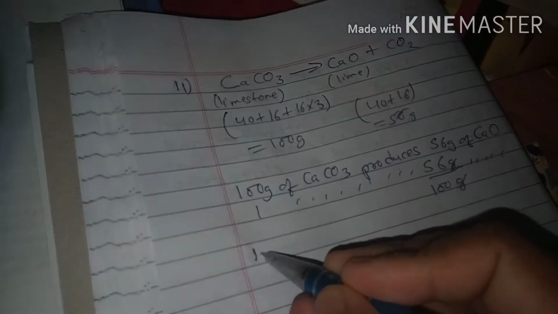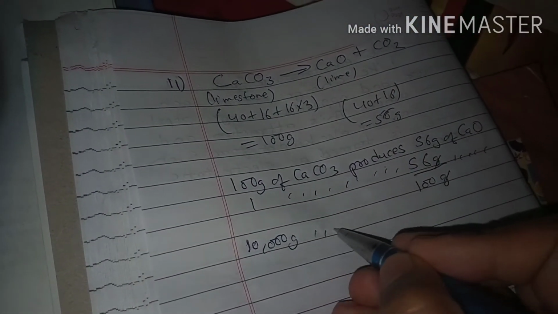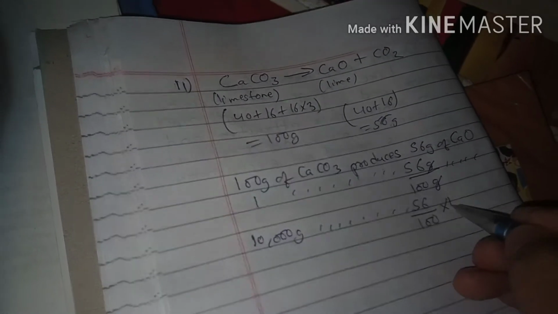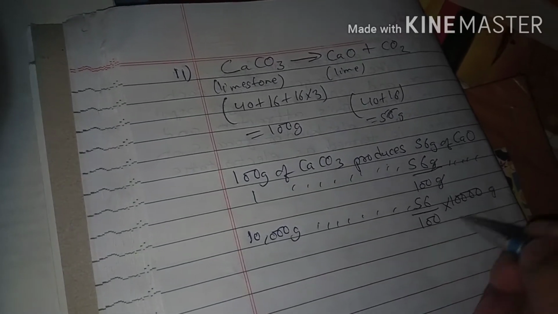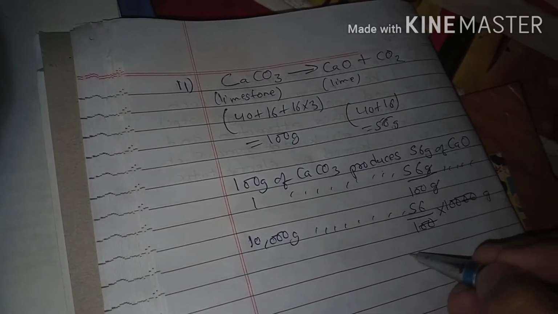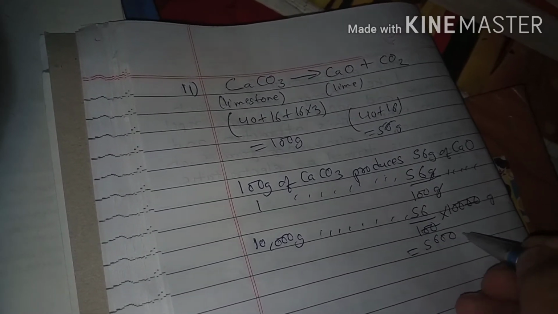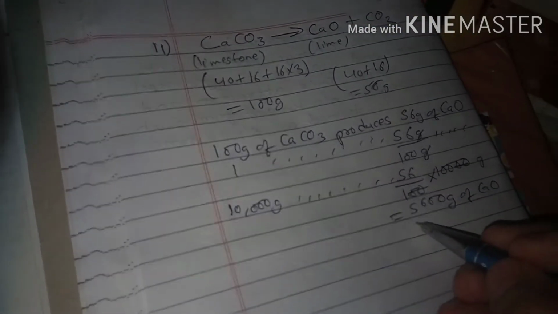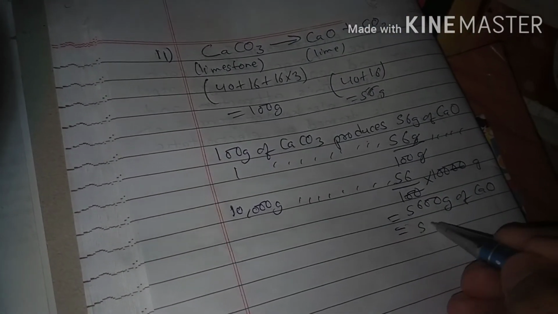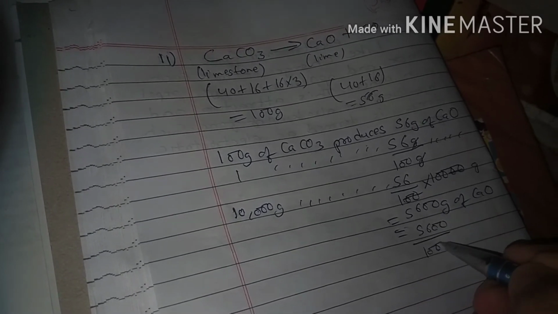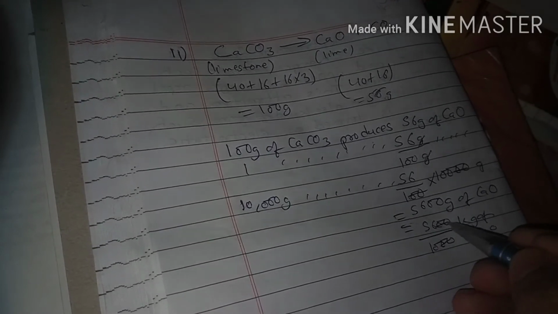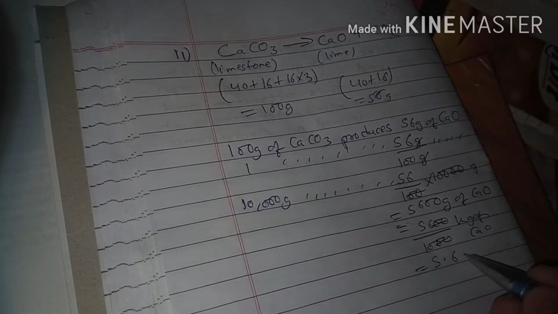Now 10 kg converted into gram is 10,000 gram. So 10,000 gram of calcium carbonate produces 56 by 100 into 10,000 gram. Double zero cancel, so our answer will be 5600 gram of calcium oxide. Is it clear or not? If you want to convert into kg, divide by 1000, then it will be kg. CaO, so our answer is 5.6 kg.